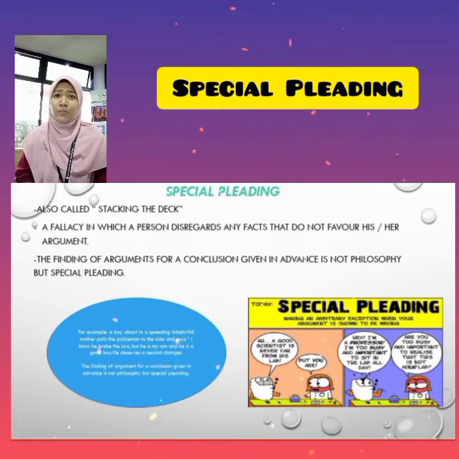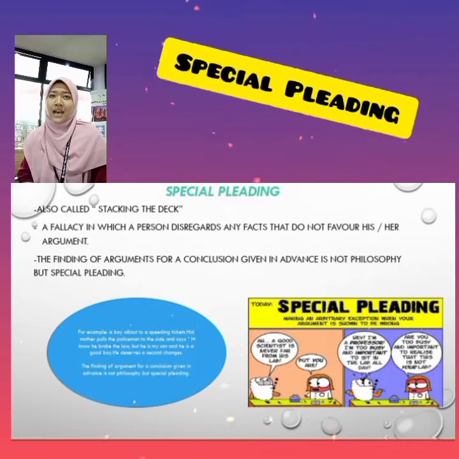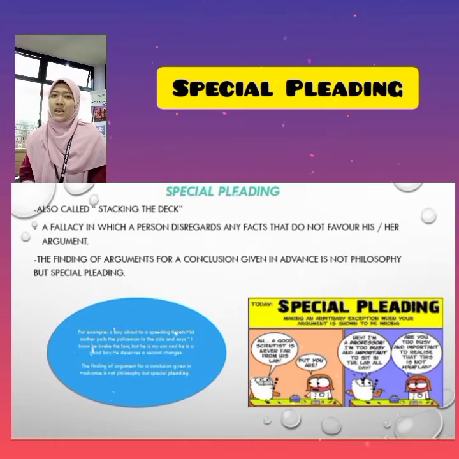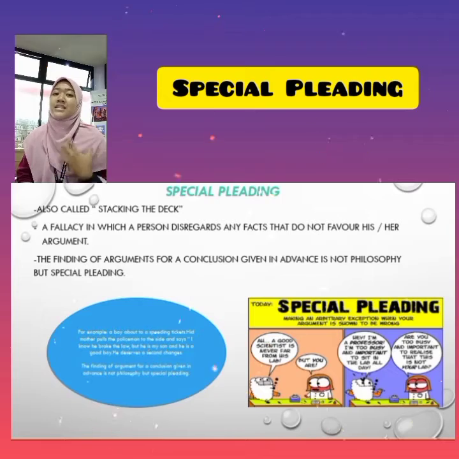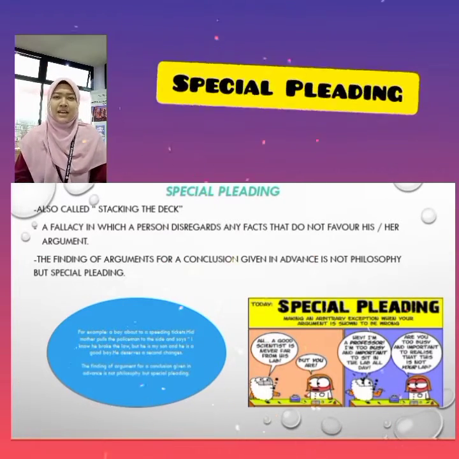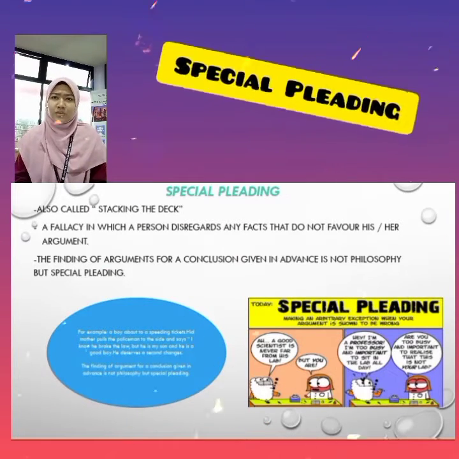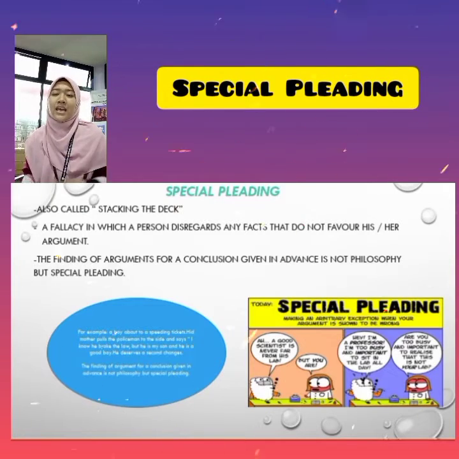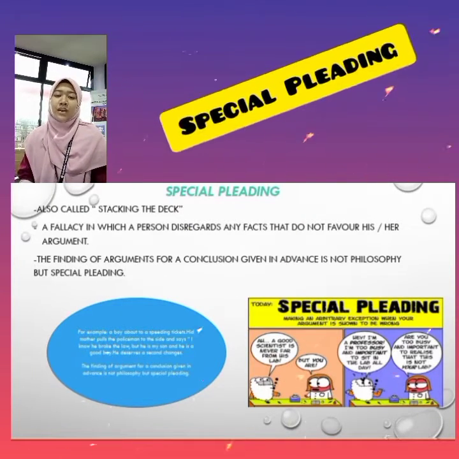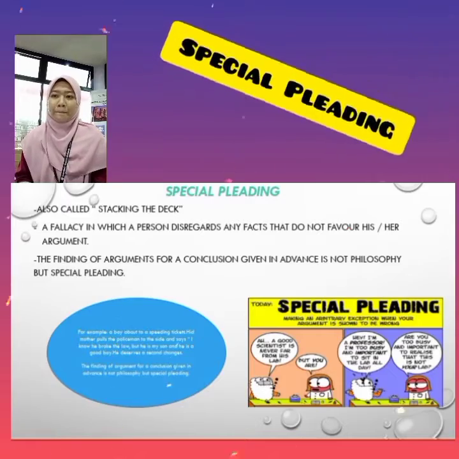His mother pulls the policeman to the side and says, I know he broke the law, but he is my son and he is a good boy. He deserves a second chance. This is the finding of an argument for a conclusion given in advance. It is not philosophy but special pleading.